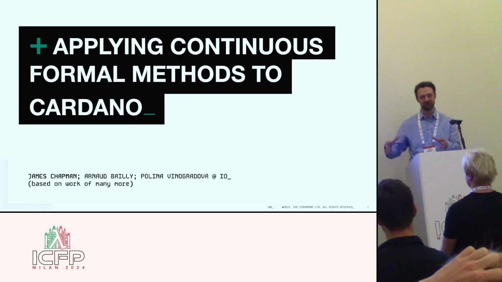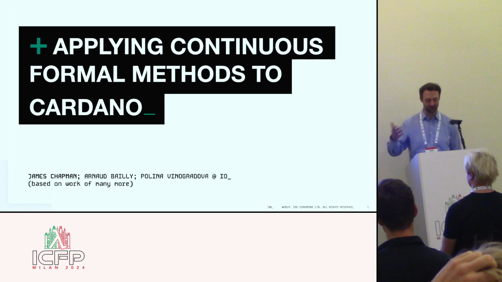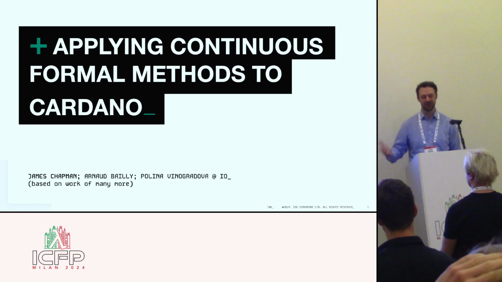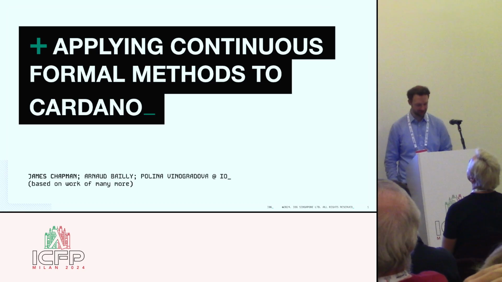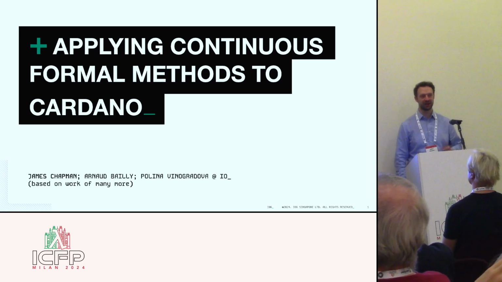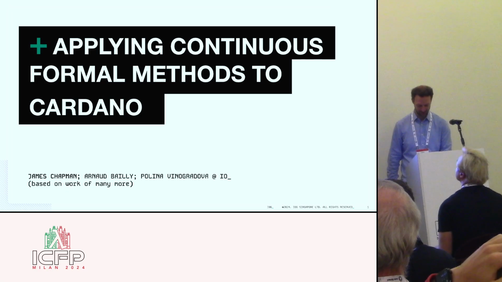So I think we're covering engineering, research, and formal methods, and how to integrate those here. And of course, I should say that this is based on joint work with a great many people, all of the engineers within IO, the rest of the formal methods team, and the researchers. And two of my colleagues, Kevin Hammond and Luther, are here. So if you would like to talk to them, feel free.